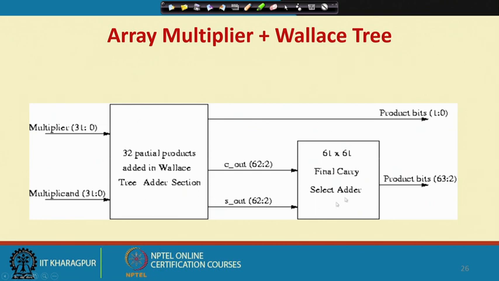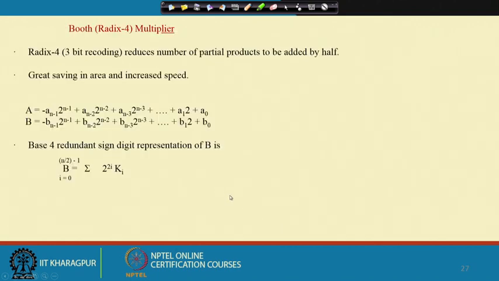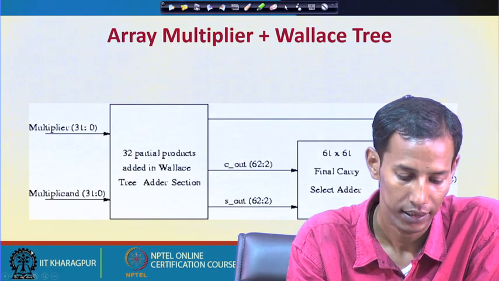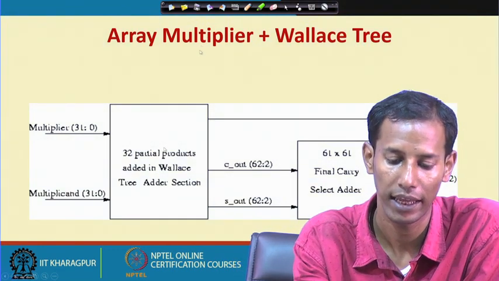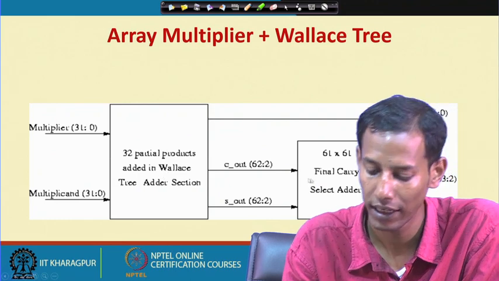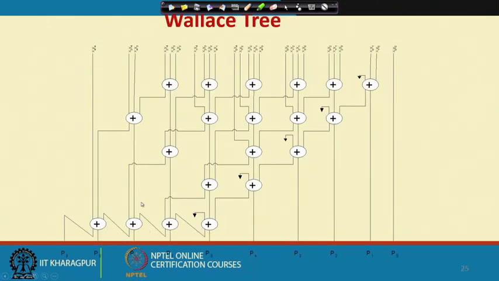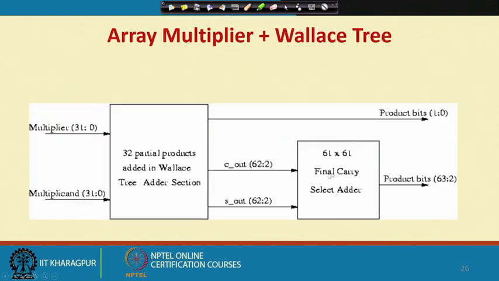So, this is the block diagram of this array multiplier with Wallace tree. That means here this array multiplication is being done over here, and this final stage addition operation has been done through this carry select adder to finally find out the corresponding product bits.